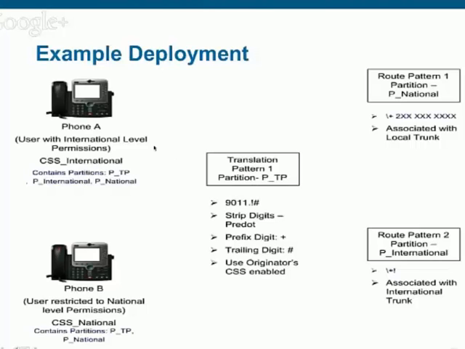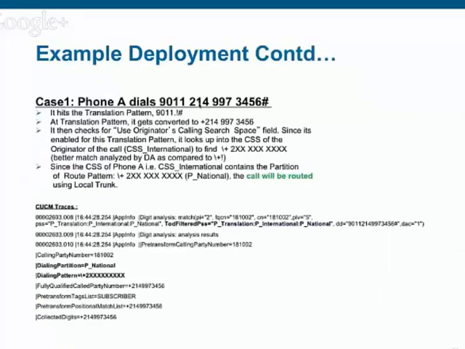So you try to access this translation pattern, and in turn it accesses the route pattern. Now you can decide whose CSS really needs to be used.